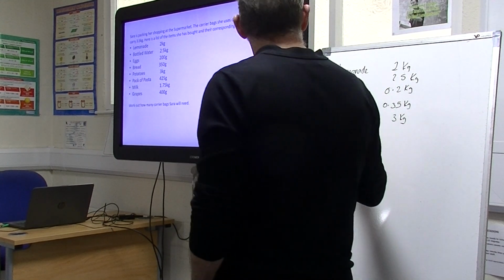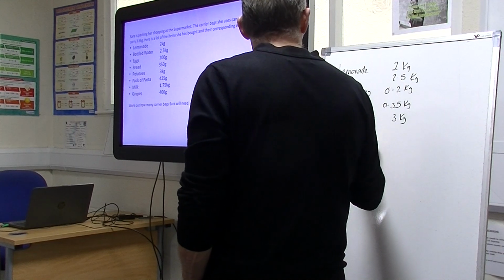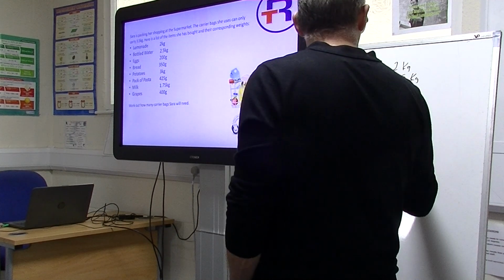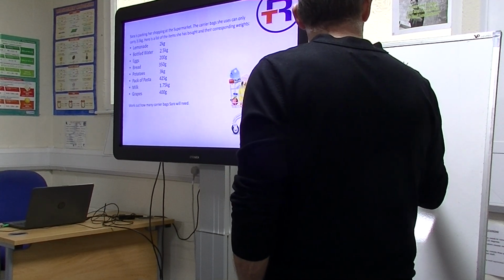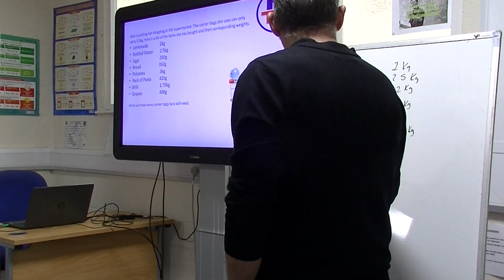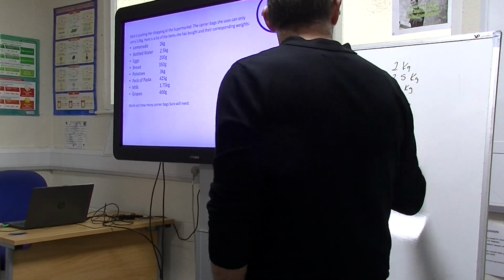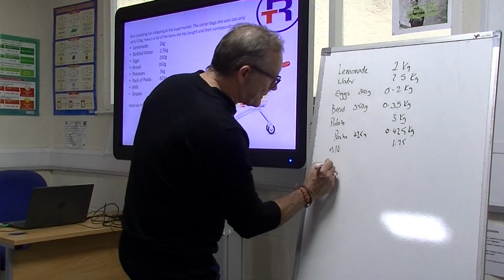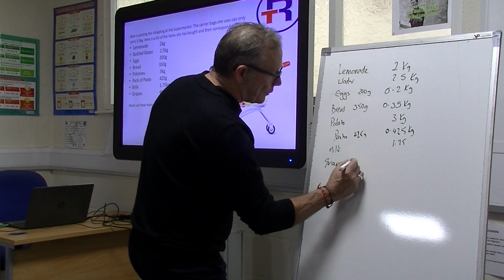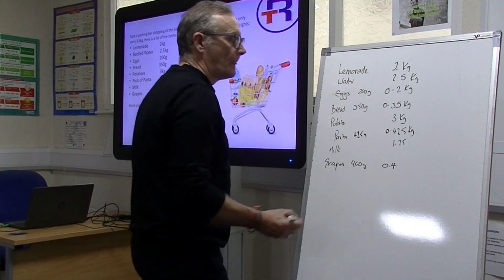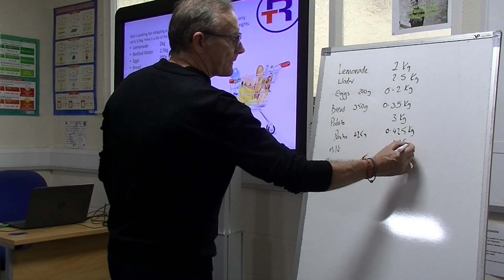The pasta, which is 425 grams, becomes 0.425 kilograms. Milk is already in kilograms, which is 1.75. And finally grapes, 400 grams, which becomes 0.4 kilograms.